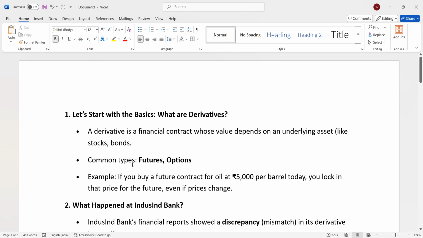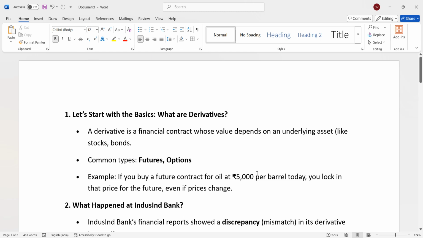The common types of derivatives are futures and options, as I already said. I will give you a clear example to understand this very well, like a professional. If you buy a futures contract at 5000 rupees per barrel today, you are expecting the price to move upwards, and you are interested in buying that particular stock or oil in the next 3 months.